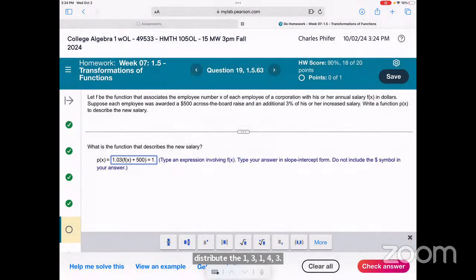Let me put it in low power mode. I could plug it up. All right.